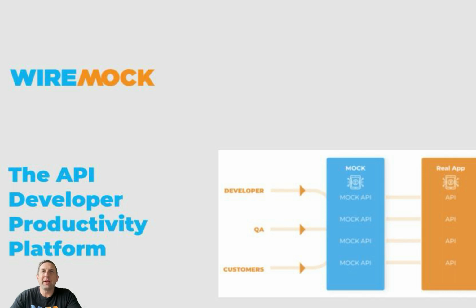When both API consuming and producing teams are developing in parallel, changes to the API contract must be kept in sync for both teams. WireMock Cloud offers Git-based bidirectional synchronization of the OpenAPI contract.